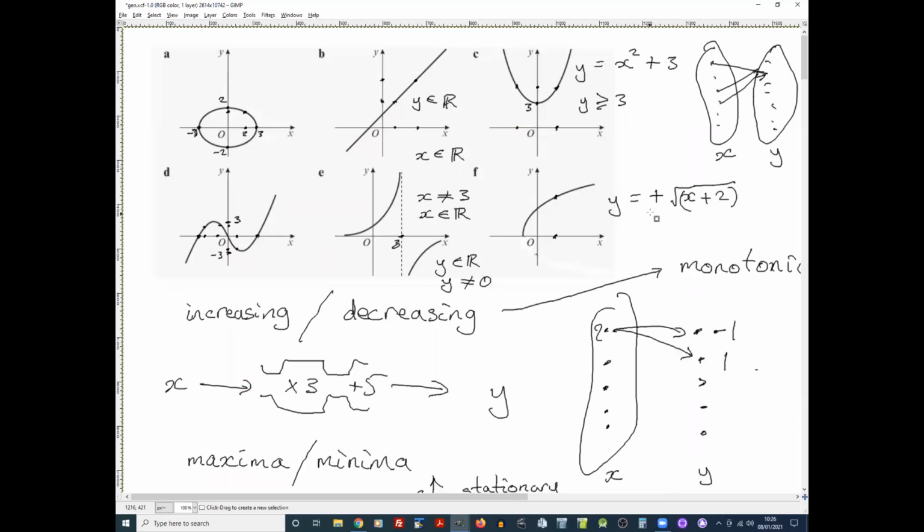No, because, to give the game away, this has got an equation, but it's not a function.